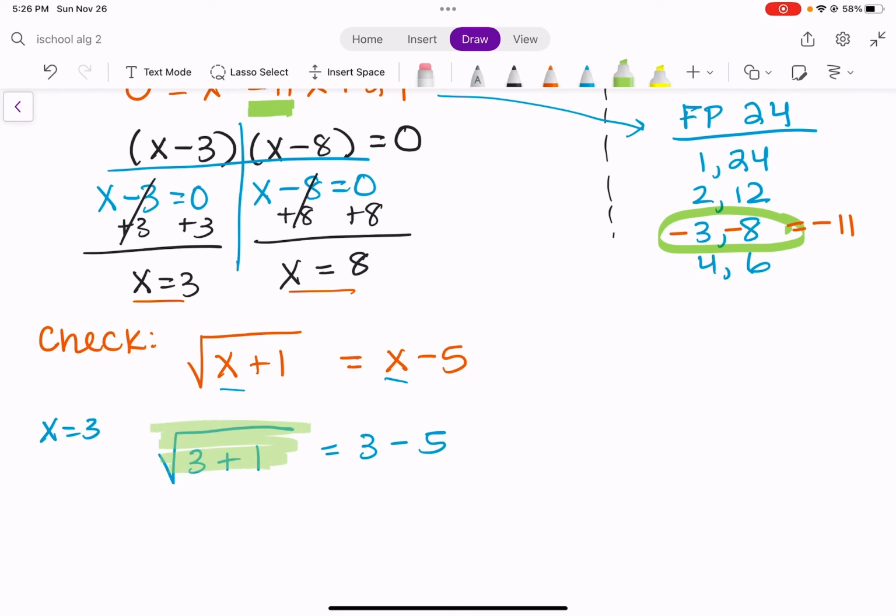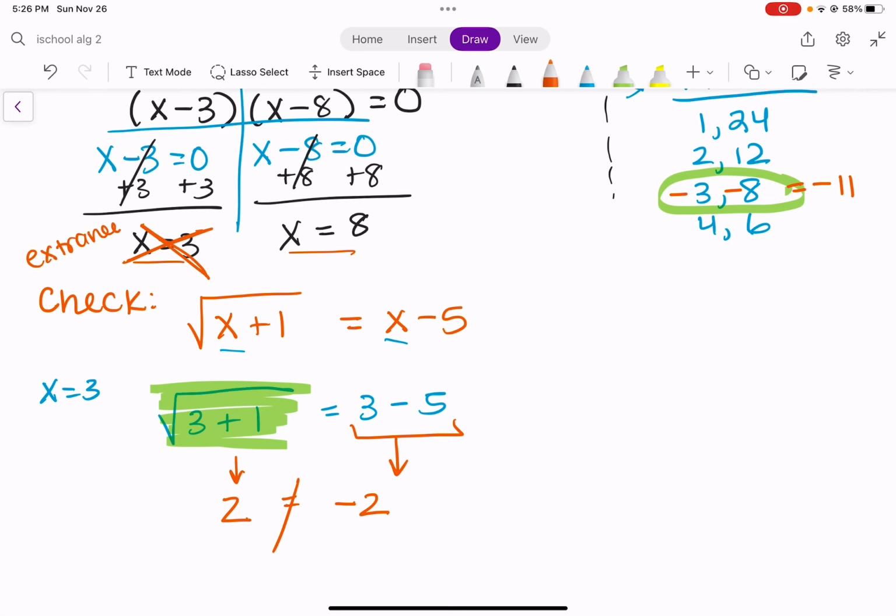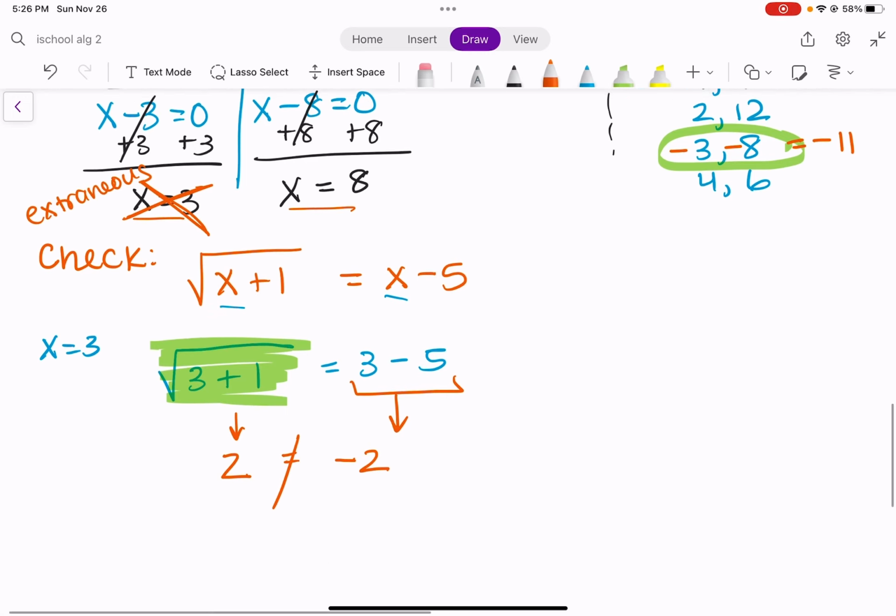If you put this whole thing in your calculator with the square root, you're going to get 2, right? Because square root of 4 is 2. If you put this side in the calculator, you're going to get negative 2. If you notice, this is not a true statement. 2 does not equal negative 2, which means this x equals 3 is extraneous. It's not actually true. It's kind of a fake one.